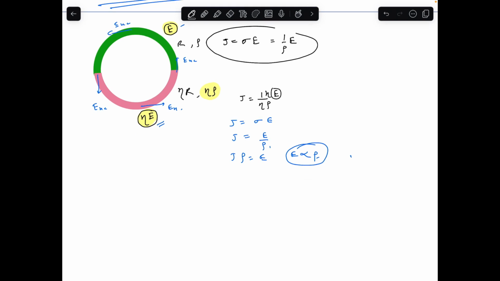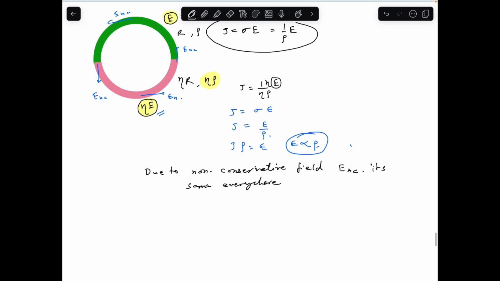Now what is this electric field coming from? We know that the non-conservative field ENC is the same everywhere. If it is the same everywhere, that means there must be a conservative field also in this ring.